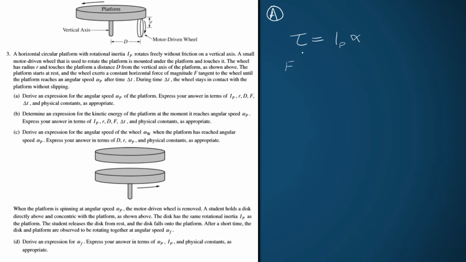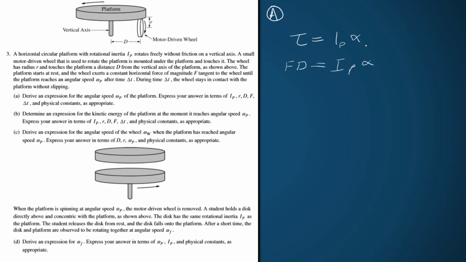I need to be more specific here because I've got really three different radii. Force times d. That's my distance from the axis of rotation to where we're applying the force. So in our case, uppercase D. So that's equal to the rotational inertia of the platform times alpha.